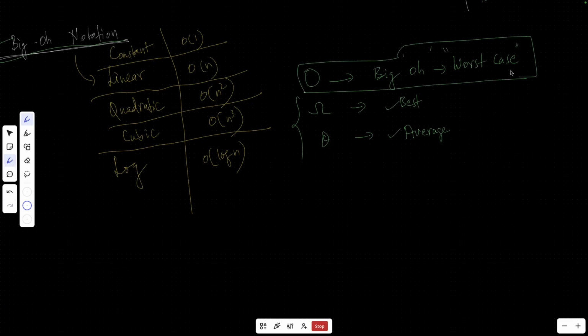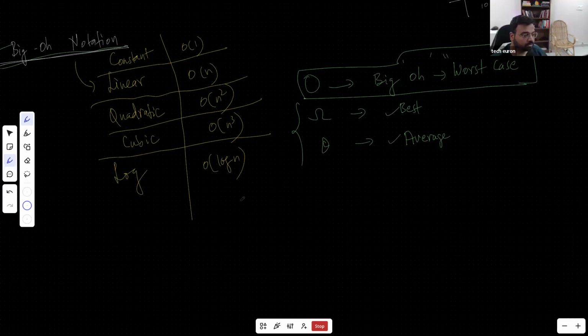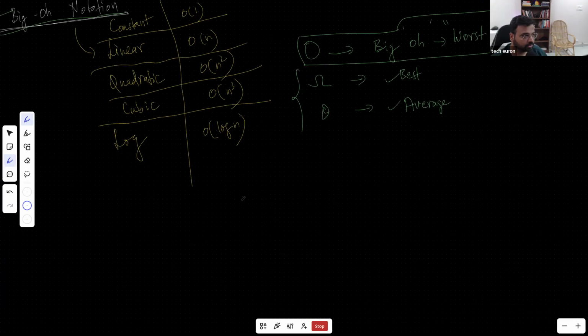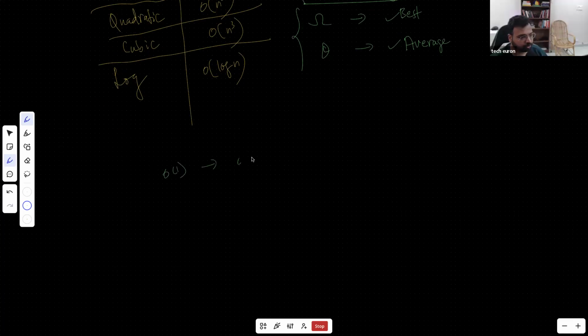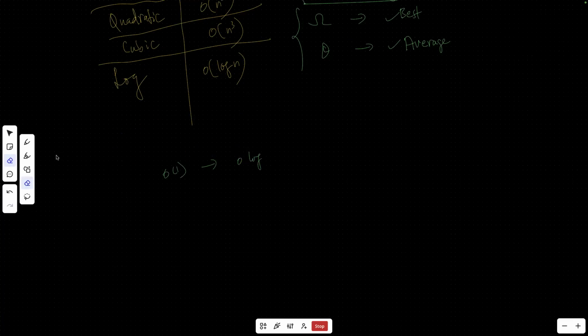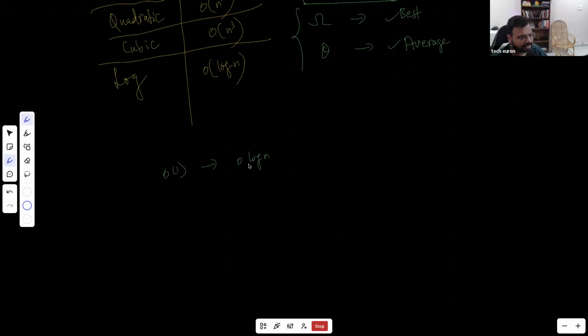Is logarithm worse than n squared? No, log of n only. The best is O of 1. After that, we have O of log n. There are others also, but practically you will normally have O of 1, O of log n, O of n, then O of n squared.